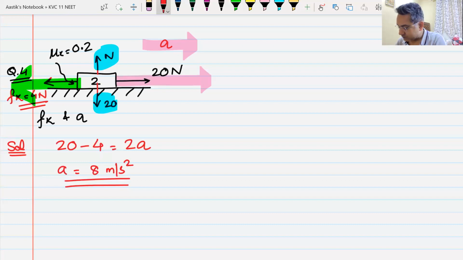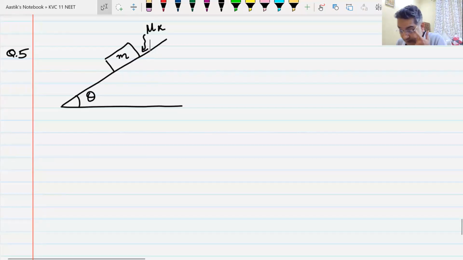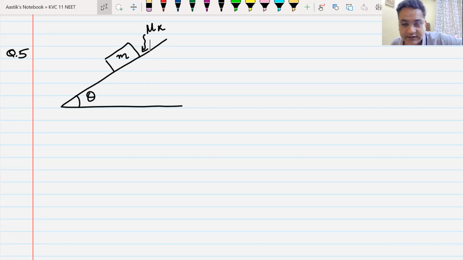And give you this one. Now, this is a general question that I have made without giving you the value of m and theta so that you can solve it in the general case.